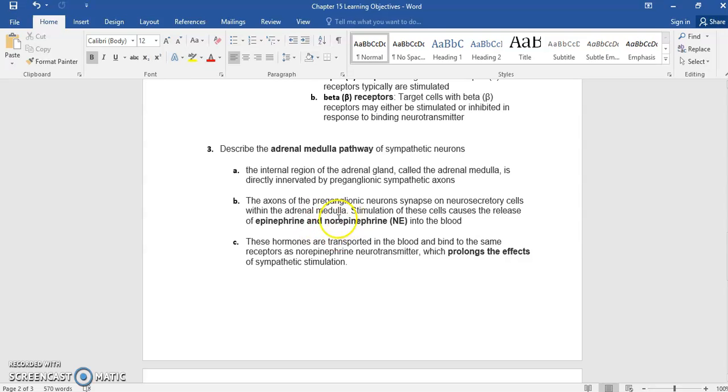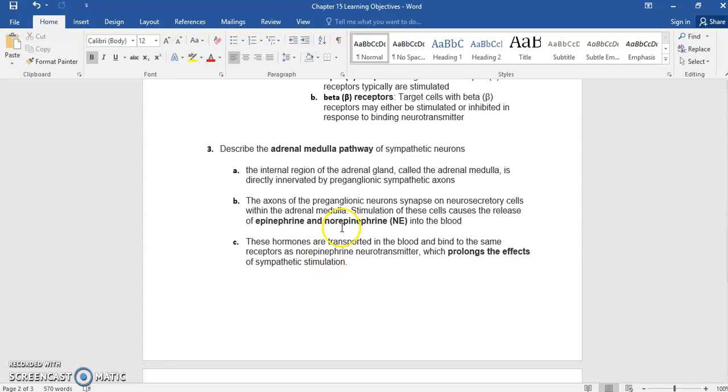And since norepinephrine is one of the hormones, it will bind to receptors on effector organs, just like the norepinephrine from the postganglionic motor neurons. But those hormones will stay in the blood for a longer period of time, so you'll get prolonged effects.